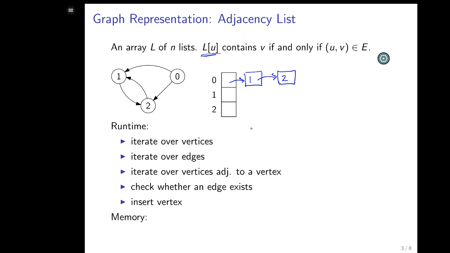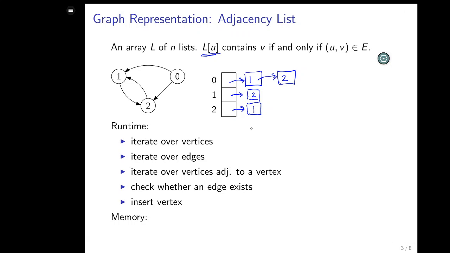And 1 has an arrow that goes to 2. So there's an element 2 in its linked list. And 2 has an arrow that goes to 1 in the graph. So it has a 1 in the linked list representation. And nobody points to 0.